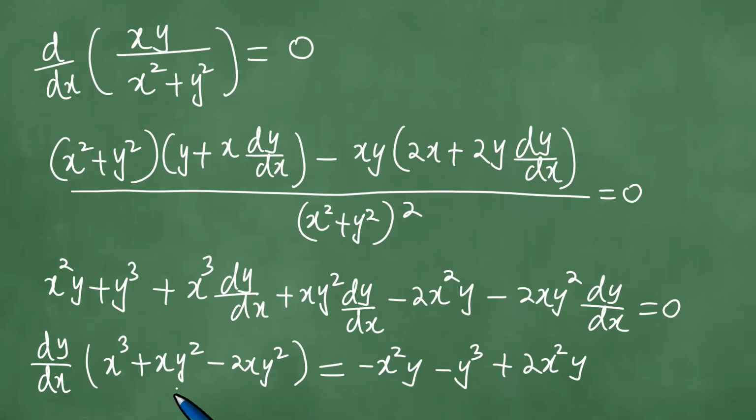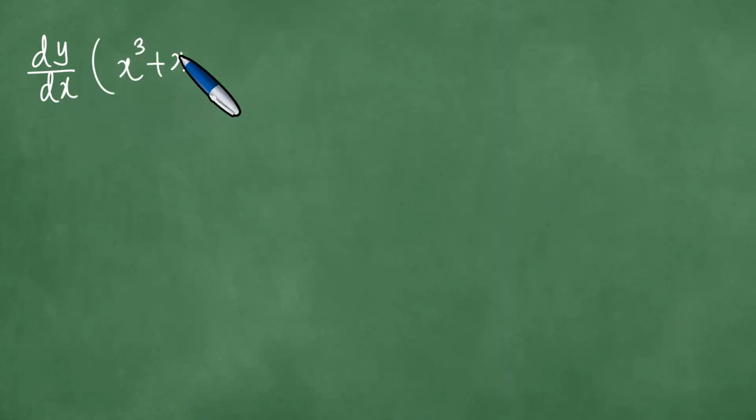Right, and then after having written this properly, we analyze this and proceed to finish it off. So we have dy/dx into x cubed plus xy squared minus twice xy squared.